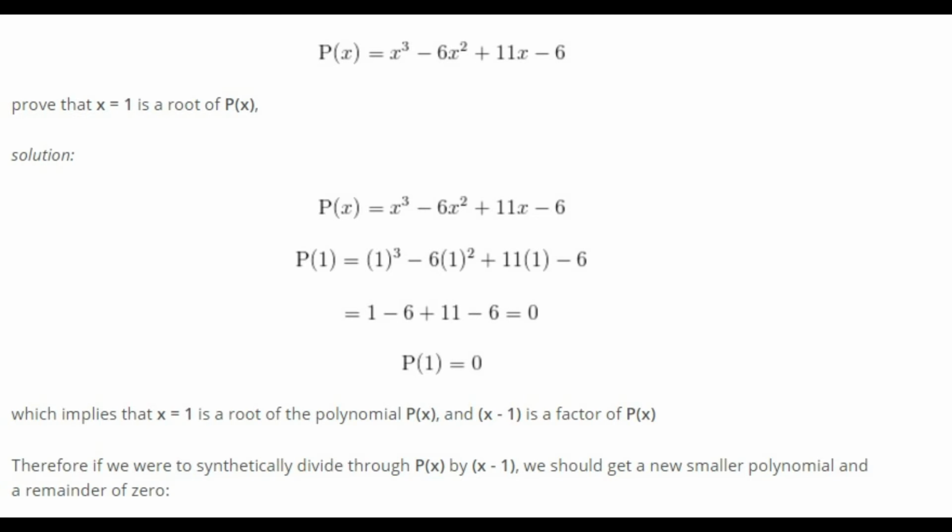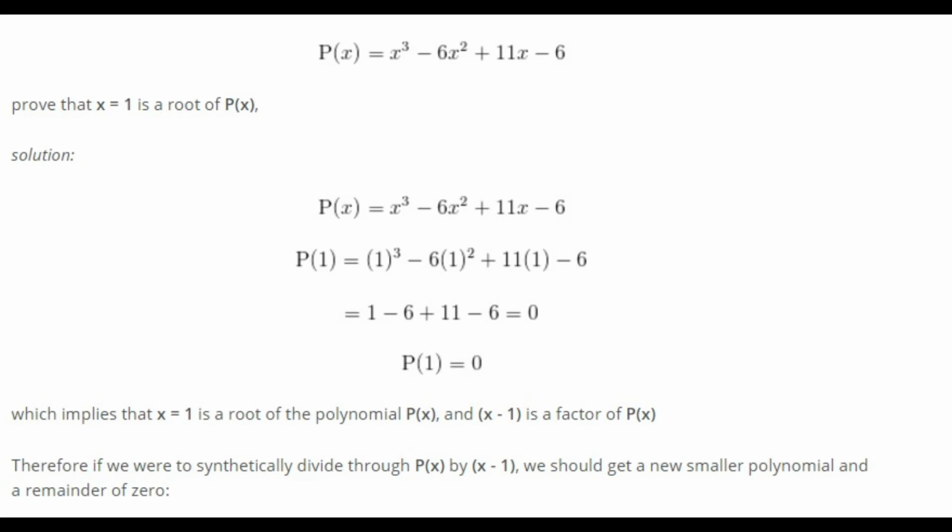So we got a proof for the remainder theorem. We got p of x equals x cubed minus 6x squared plus 11x minus 6. Prove that x equals 1 is a root of p of x. So our solution would be p of x equals x cubed minus 6x squared plus 11x minus 6.